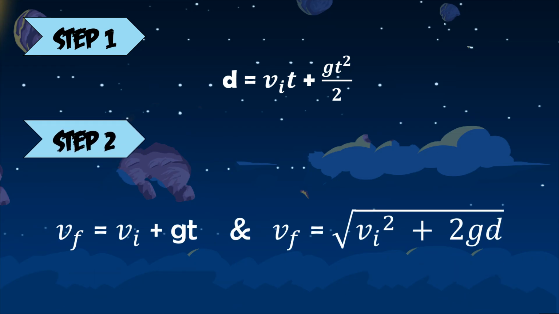The final velocity of falling objects can be calculated by these equations. First is final velocity is equal to initial velocity plus gravity times time, and final velocity is equal to square root of initial velocity squared plus 2 times gravity times displacement.